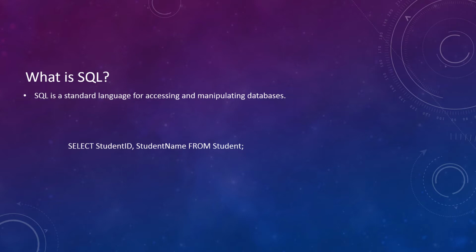Basically SELECT and FROM are the SQL syntax keywords, and student ID, student name and student are the parameters which indicate what data has to be retrieved from where. So I hope this point is clear to you.